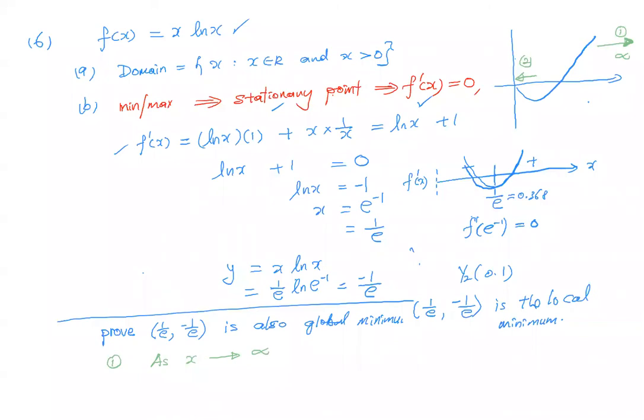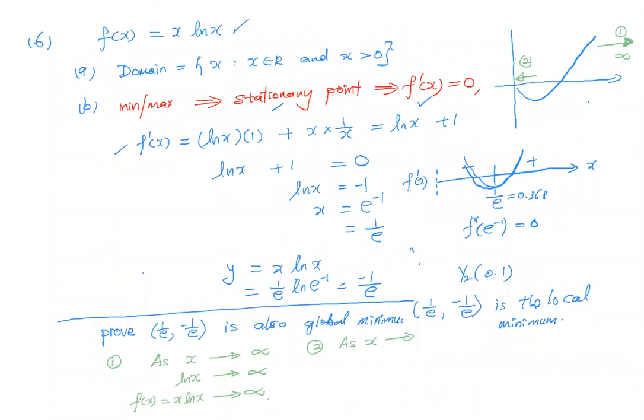So what happened to your ln x? It also approaches infinity, correct? So what happened to your f(x), which is x ln x? It definitely will approach infinity also, correct? So that means it never goes down anymore.